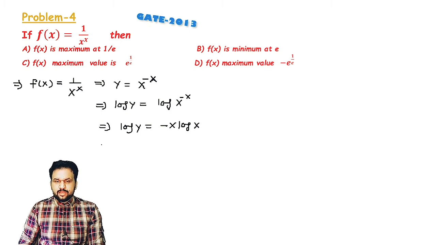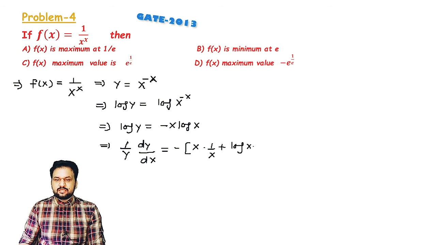So now it's time to find the derivative, and using the derivative here, that becomes 1 by y dy by dx. That will be minus, I will take x common as it is, and log x having derivative 1 by x, plus log of x as it is and x having derivative 1.